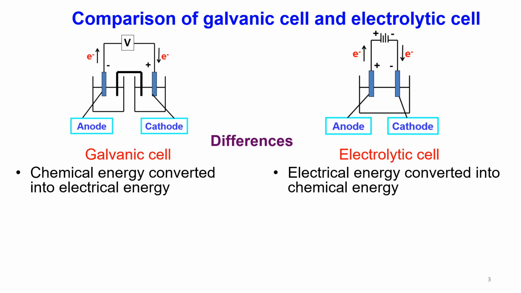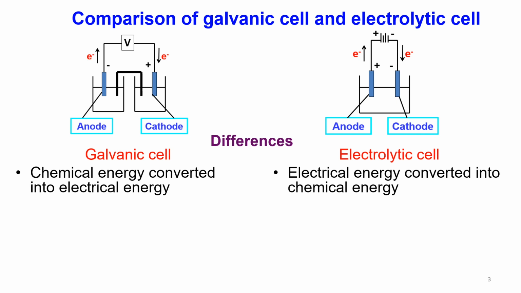While electrolytic cell is electrical energy converted into chemical energy. So energy from the battery drives the movement of electrons and forces the oxidation and reduction to happen at the electrodes.